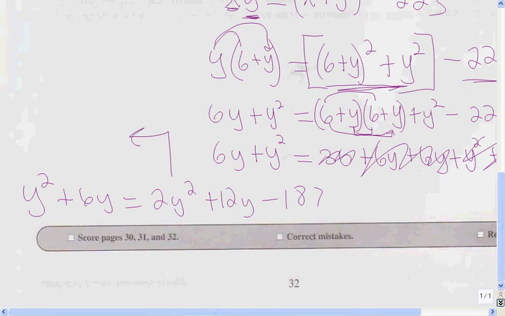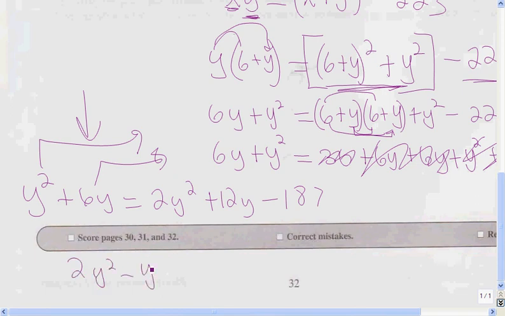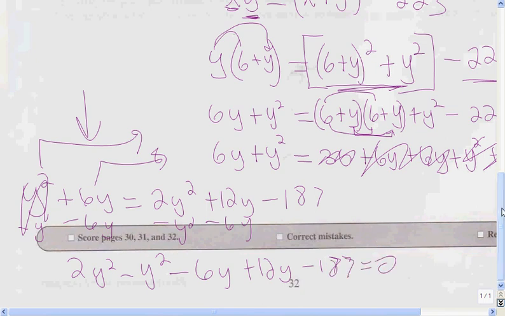And actually what I'm going to do is a little different. I'm going to have the 0 on this side. I'm going to move both of these terms over to this side. I'm going to transpose. So what I have is 2y squared minus y squared, because I'm going to subtract y squared from both sides. That gets rid of that. Minus 6y, because I'm going to subtract 6y from both sides, plus 12y minus 187 equals 0.